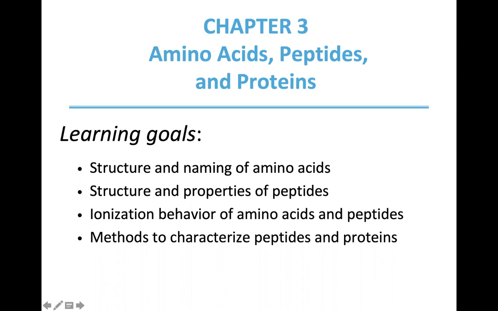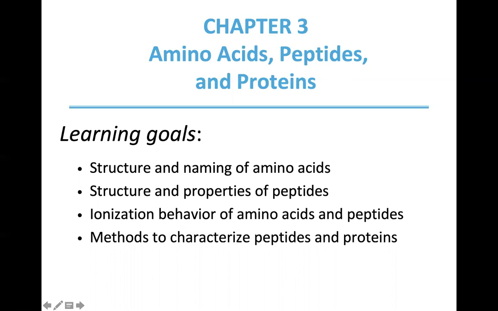And remember, in the previous chapter there was a reason why we spent one whole lecture on water, and I spent quite a bit of time talking about hydrogen bonding. Hydrogen bonding is what proteins are based on. All their interactions with other molecules, all their three-dimensional structures are based on hydrogen bonding.